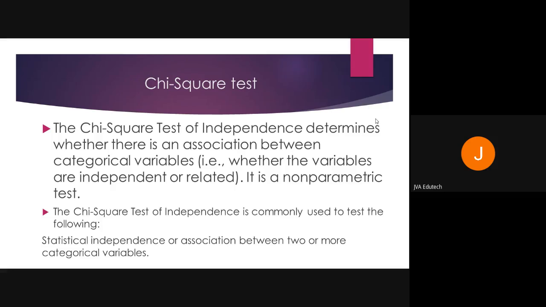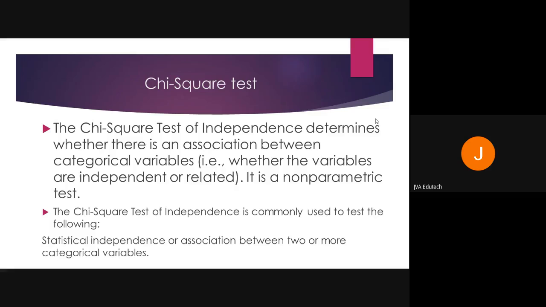Let's say you have two groups, two categorical variables, smoker and non-smoker, and another two groups, the dependent group, cancer and non-cancer. Now you want to test whether smoking causes cancer or not. So now you have two groups, smoker and non-smoker, and two groups, cancerous and non-cancerous.